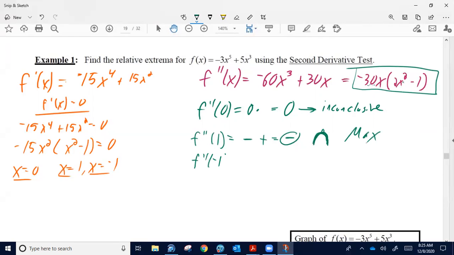If I plug in negative 1, well, negative 30 times negative 1 is a positive. 2 times negative 1 squared minus 1 is a positive. That's another positive. That means second derivative positive is concave up. That means we have a minimum.